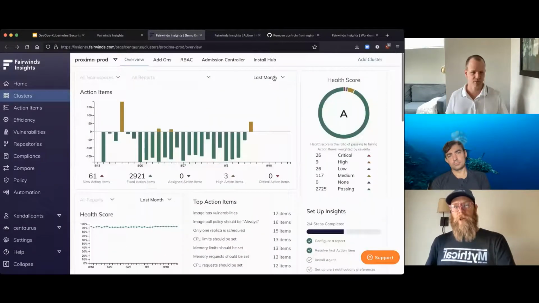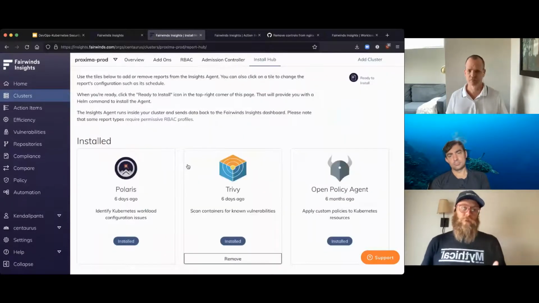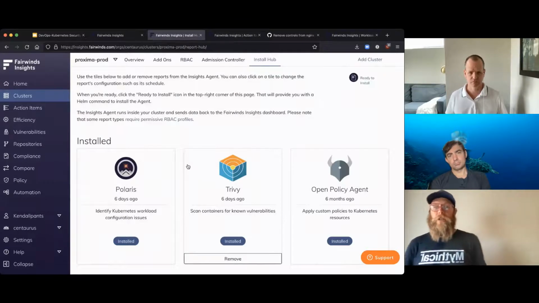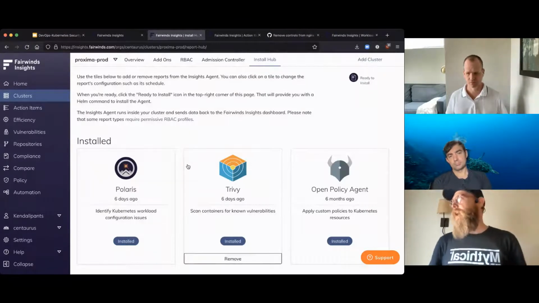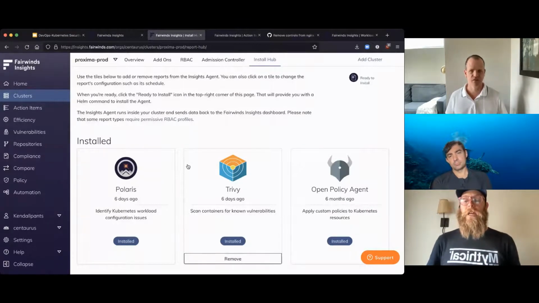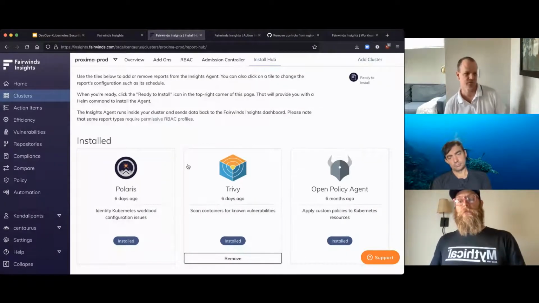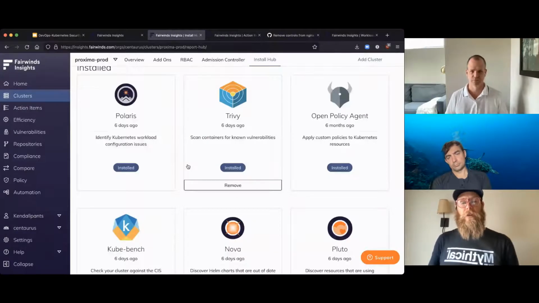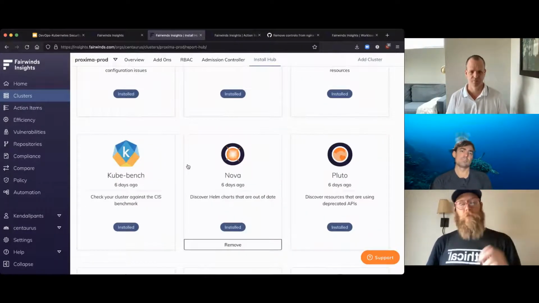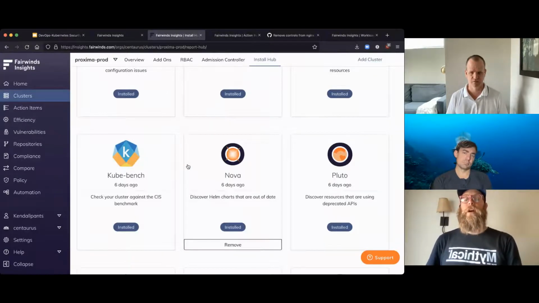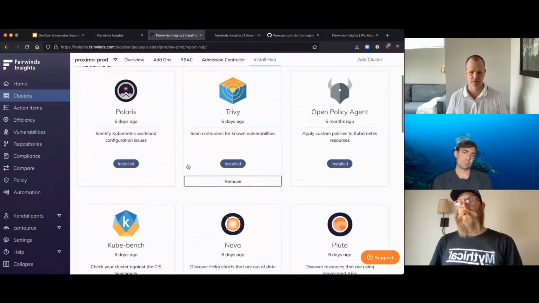Where we're getting all this from is a whole bunch of open source projects that we've married together here inside of Insights, and then there's some proprietary logic built above and beyond that. So Polaris is our project for checking for common Kubernetes misconfigurations that we've seen here. It's something that Fairwinds built. Other Fairwinds open sources, Nova and Pluto, built into here. We also have Goldilocks, which works on resource requests and limits.